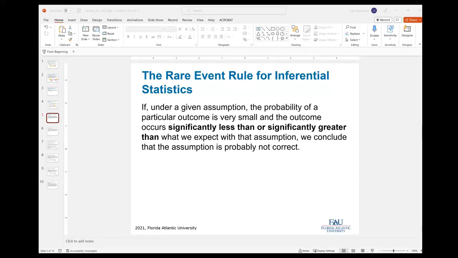So when we do our experiment, the probability of each outcome is very small, and it's so small that it occurs significantly less than or significantly more than, so in the upper 5% or the lower 5%, than what we expected it to be. Then basically what we are saying is that our assumption is probably not correct. Okay, so that's really what this says.